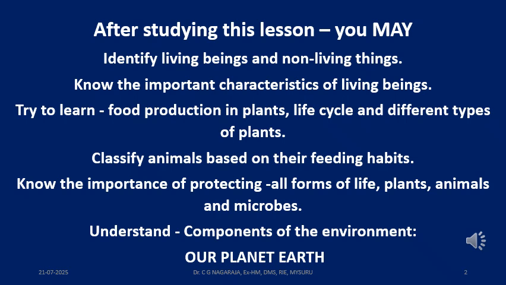You'll be able to identify or classify animals based on their feeding habits. You'll be able to know the importance of protecting all life forms, which is plants, animals, and different microbes present in nature. You'll be able to understand the components of the environment, and lastly, know the components of our planet Earth.